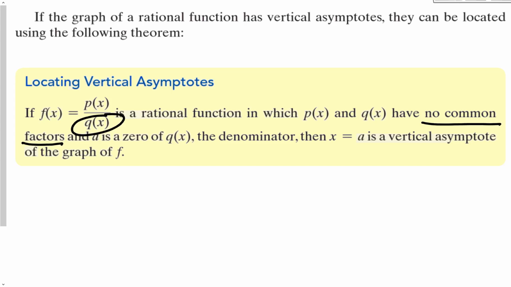So if you can find all the zeros of the denominator, then you can figure out all the vertical asymptotes.